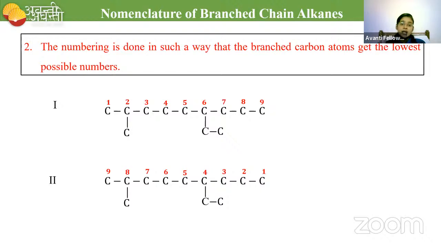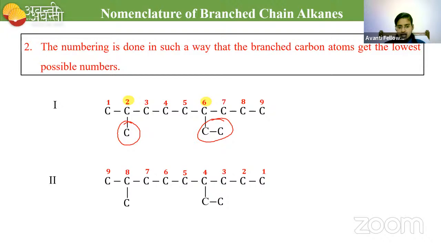Here we have 2 branches. One is methyl, since it has only 1 carbon, and the other one is ethyl. Methyl is attached to the second carbon and ethyl to the 6th carbon in the first case.